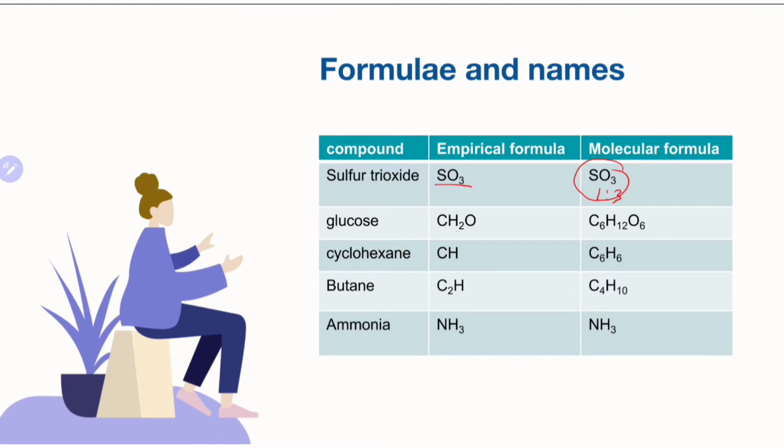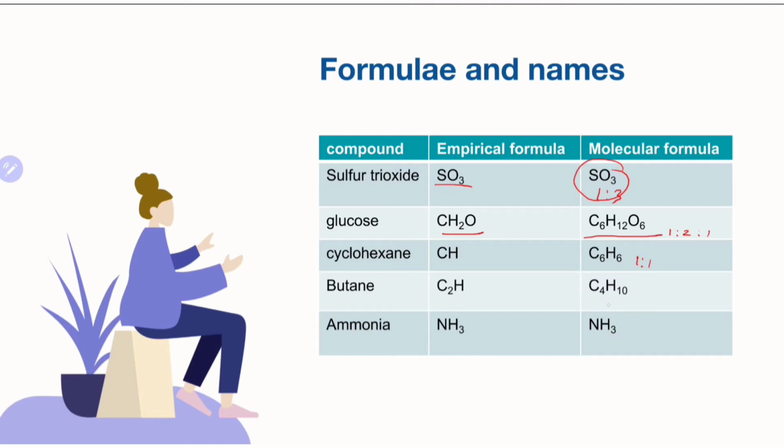For glucose, the molecular formula is C6H12O6. So the ratio is 1 to 2 to 1, so the empirical formula is CH2O. For cyclohexane, the molecular formula is C6H6. So the empirical formula is CH because the ratio is 1 to 1.